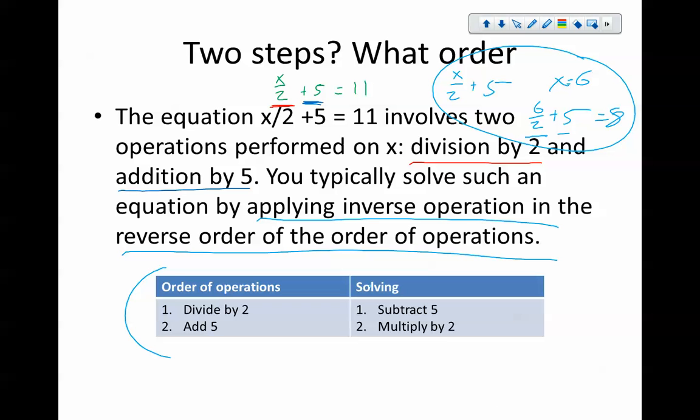But if we're solving, and notice the different word that I used there, we're going to go the opposite direction. Instead of dividing by 2 first and adding 5, we're going to use inverse operations and go the opposite direction. So we're going to subtract 5 and then multiply by 2.